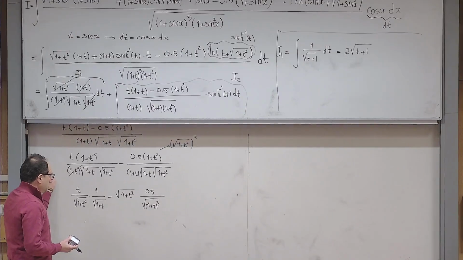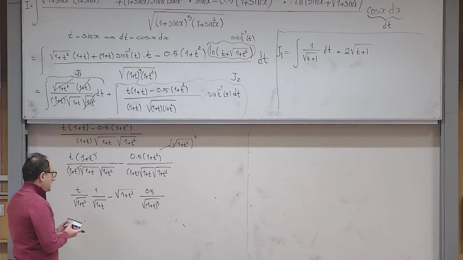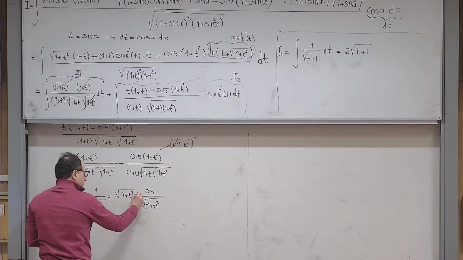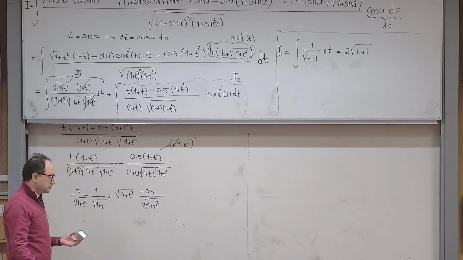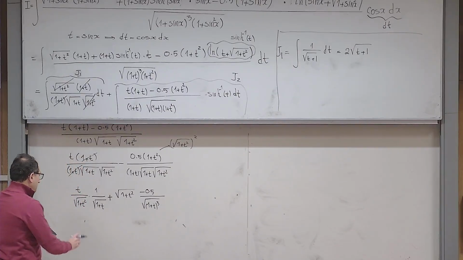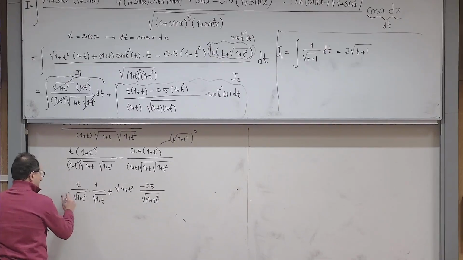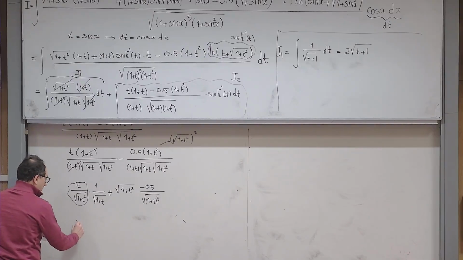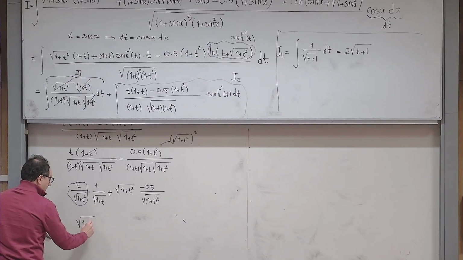But now, let me make this plus, you will see why, and put the minus sign here. It doesn't matter. But now, if you were a little bit experienced, this combination is the derivative of a function. Which function? This function, 1 plus t squared prime.